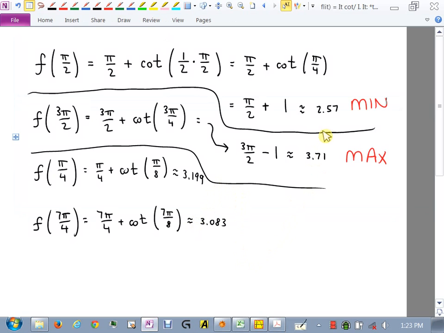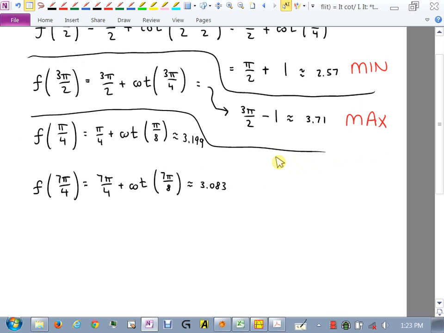So you have a maximum when you plug in 3 pi over 2. The value is approximately 3.71. The exact value is 3 pi over 2 minus 1. So how did I say I like these answers? As points, right?